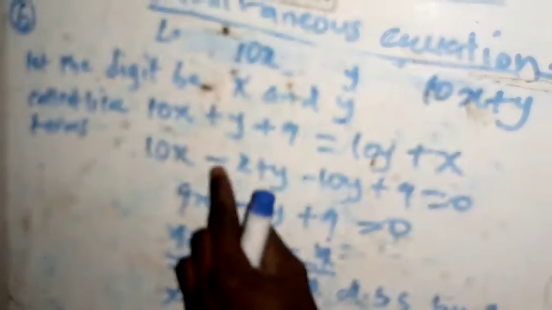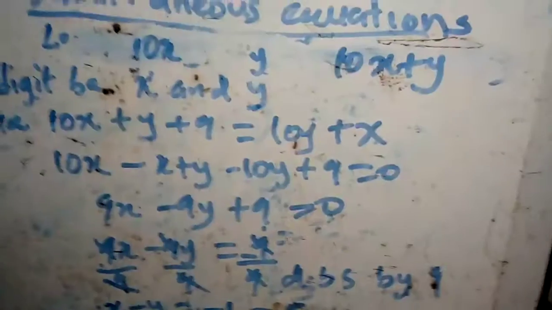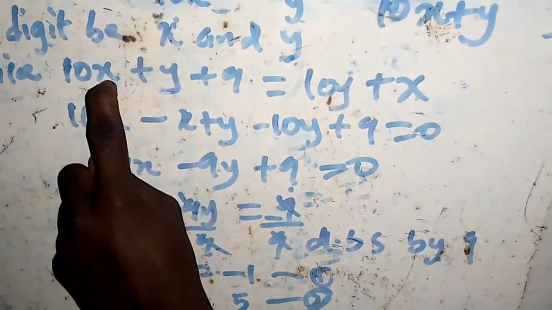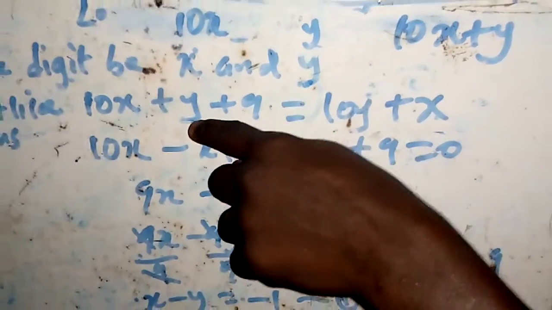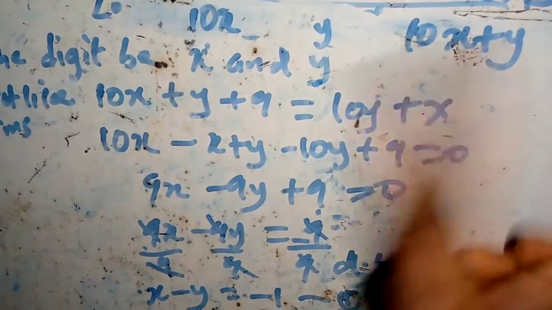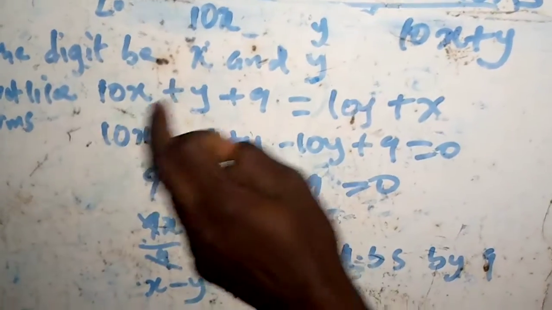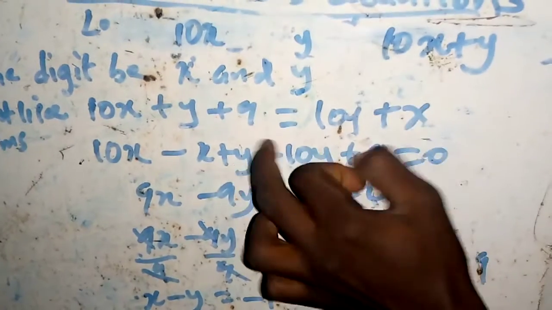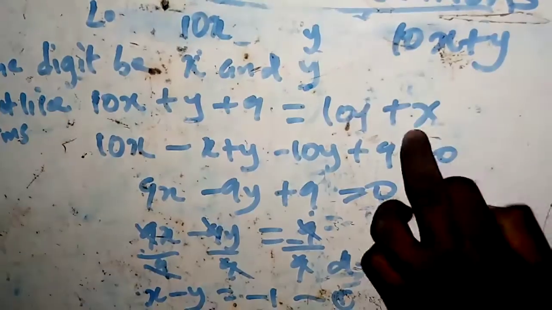Reverse means that we accepted x to be the tens digit, but in this situation you accept y to be the tens digit and x to be the unit part. You interchange x and y, so instead of 10x we have 10y. So when it is reversed, 9 is added to this side.